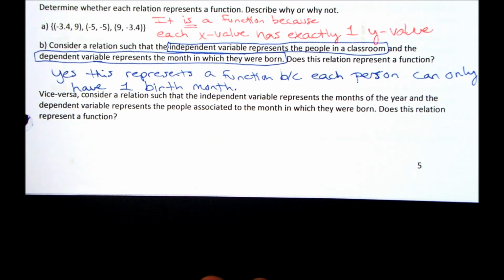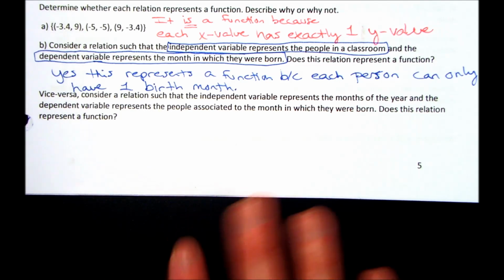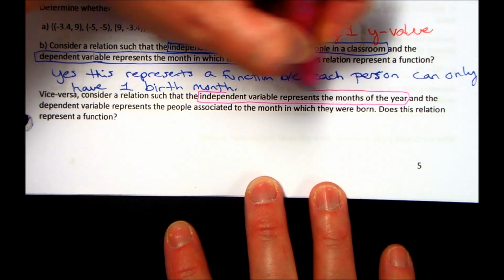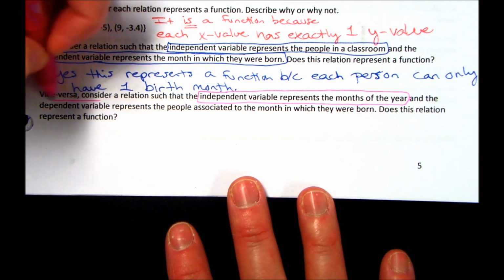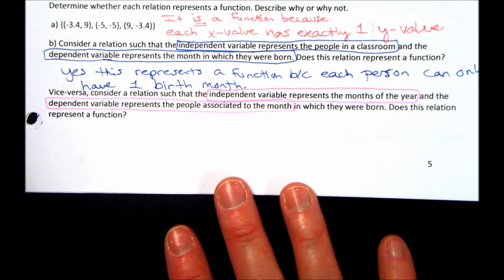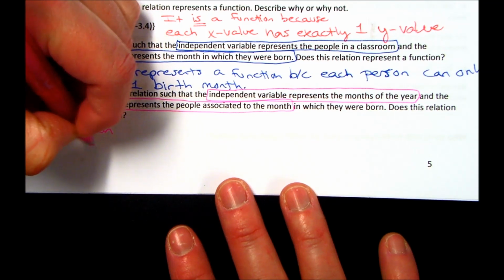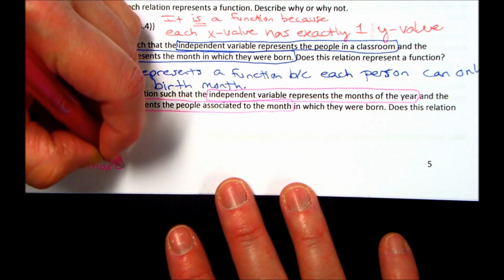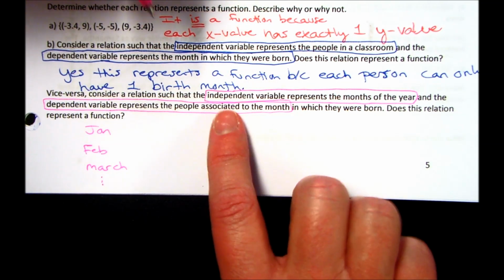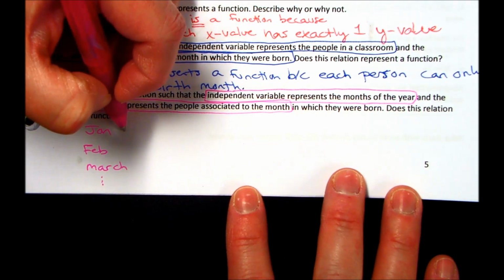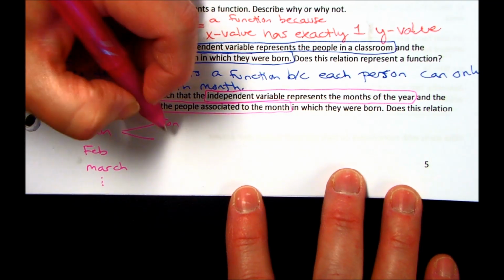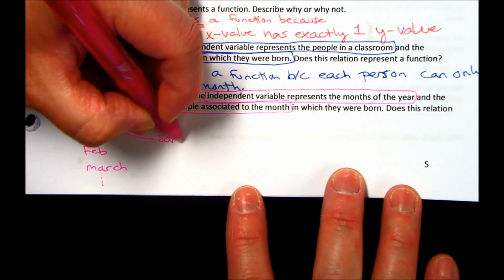Okay, so now vice versa. Let's say we flip it around and we say now that the independent variable is the months of the year, and the dependent variable represents the people associated with the month. So now, for example, if we have January or February and March and so on, these are basically our input values. If these are our independent variables, and then our output values, well, you might have John that was born in January, but you also might have Sarah that was born in January.